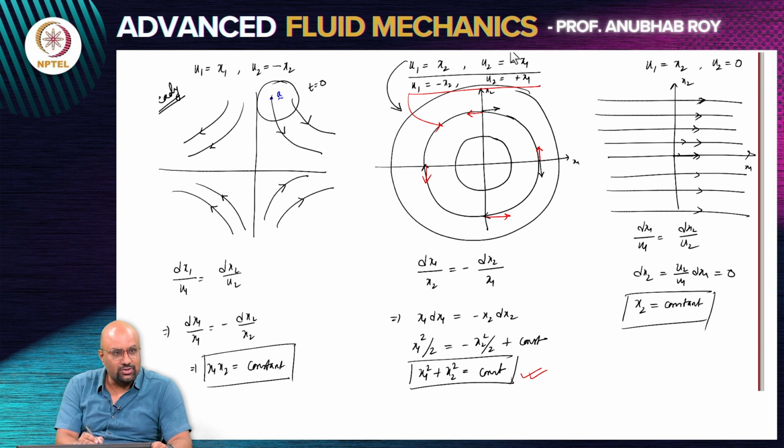This is going to be the streamline pattern at t equals 0, at some dimensional units 1, dimensional units 10, or dimensional units a million, right? So, it doesn't matter what time units you are looking at, what time values you are choosing, your velocity field and the corresponding streamline remain completely unaltered.